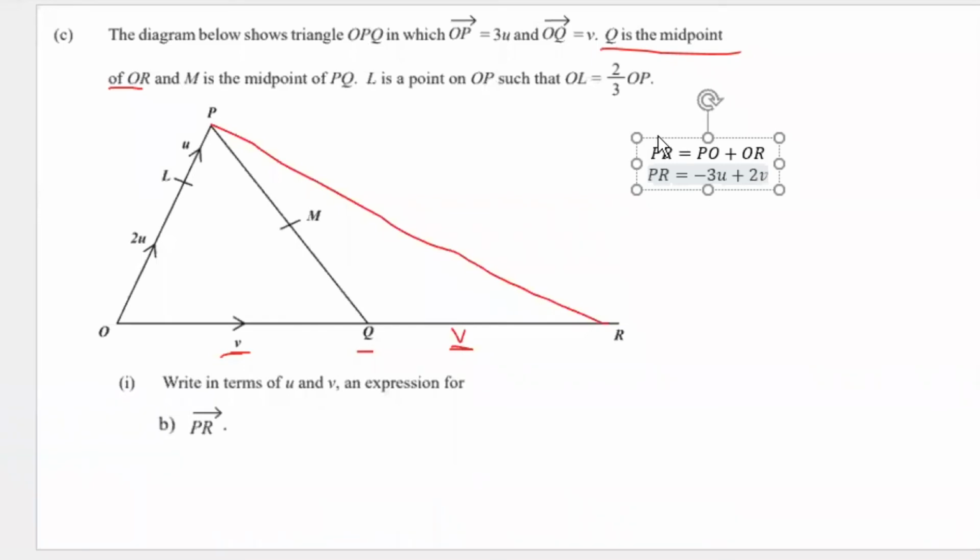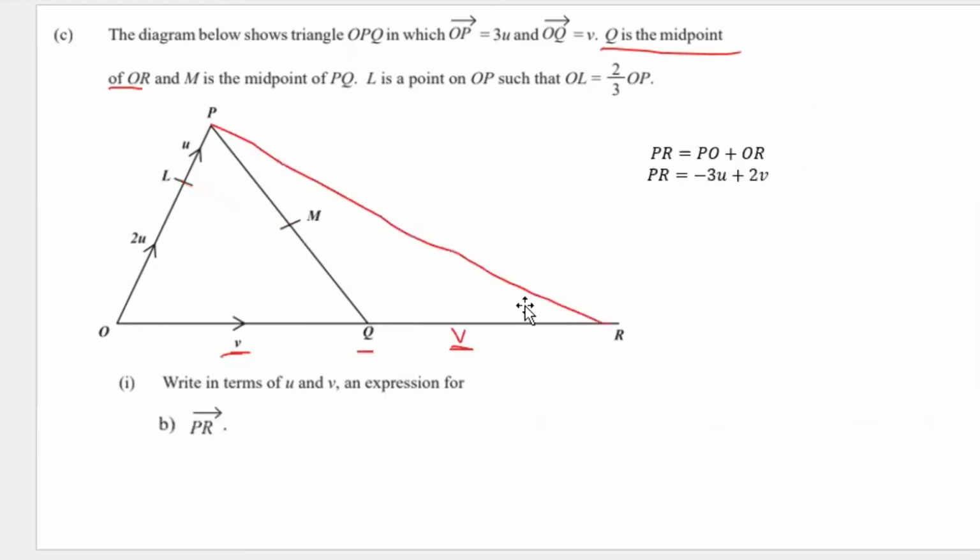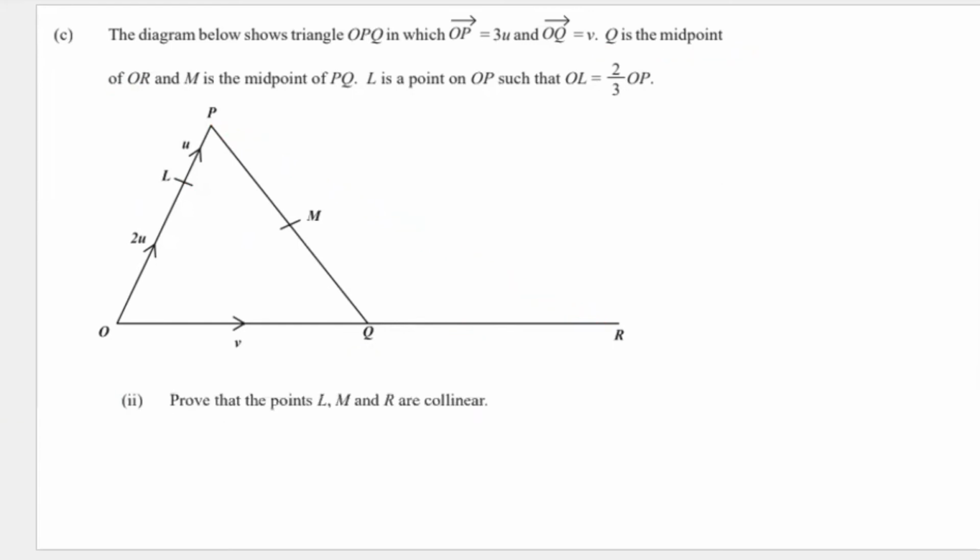We already know what PQ is: minus 3u plus v. Now all you'd be doing is adding QR to it, and QR is v. So you'd have minus 3u plus v plus v, which gives you the same minus 3u plus 2v as your final answer. Any route that you take, you arrive at the same answer.